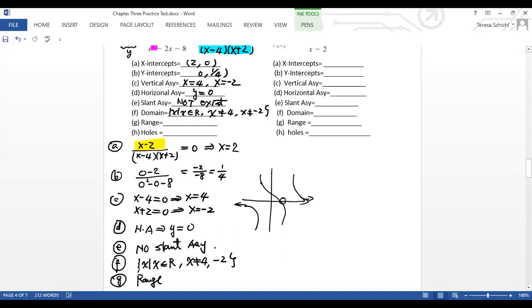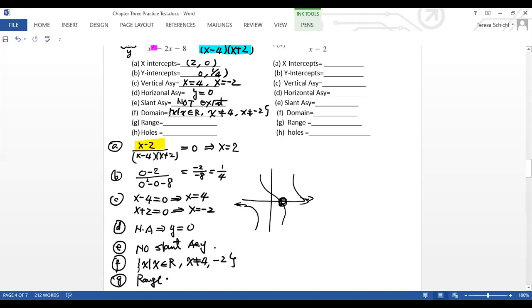But in here, they go through the x-axis, the x-intercept, right? The x-intercept is 2 zeros here. So they do go through the x-intercept, so y equal to 0 exists.